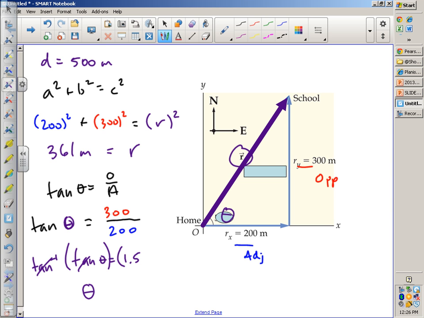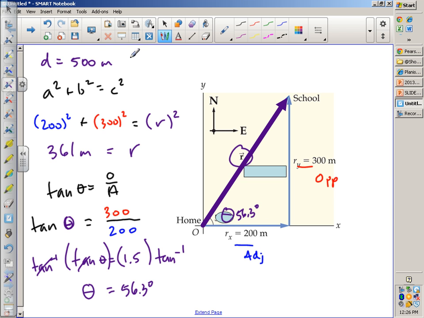But if you take the arctangent of one side, you got to take the arctangent of the other side, right? So you plug that into your calculator, keeping in mind that you got to be in degrees, right? And when you do that, you should end up with 56.3. That means that this angle here is 56.3 degrees. Okay? Good there?